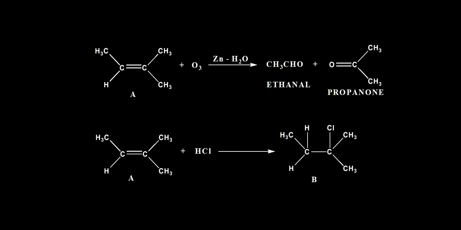In case of propanone you have C and 2 CH3. In case of ethanal you have CH3. You can see in structure A, the left side of A has one CH3 and one H which is present in ethanal, and the right side of A you can clearly see it is the same group which you have in propanone. So that is what we have to do.